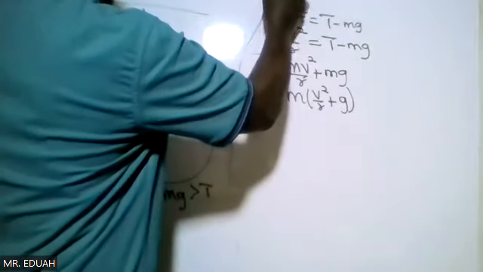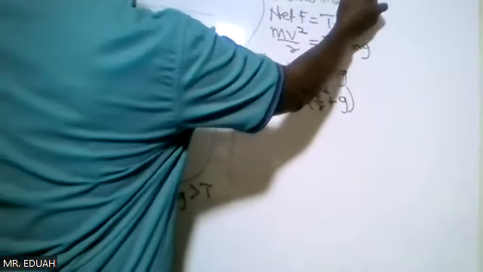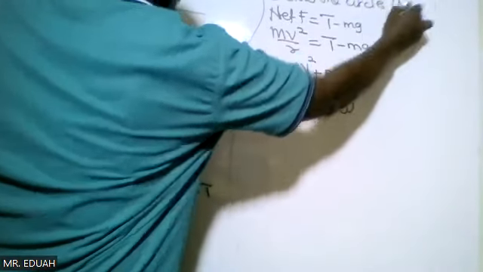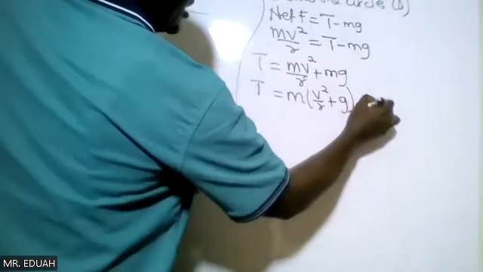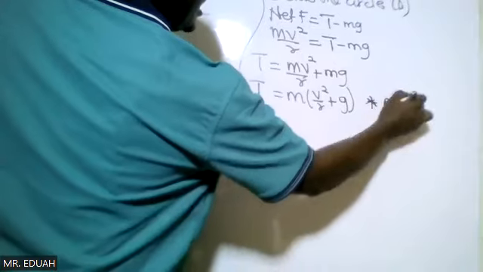So below the circle, the tension at D is given by this expression.